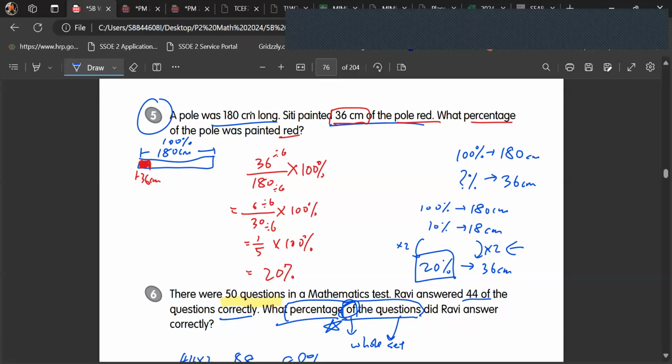But there's this part that you need to be able to figure out. How do I get to 36 centimeters from 180? Which he said, I recommend you divide by 10 first, then multiply by 2. Which works great too.